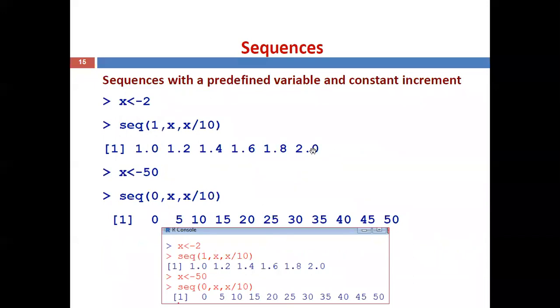Then another example, sequences with a predefined variable and constant increment. So by taking a variable, you can assign a value to the variable. Then in the sequence function, you can call that value instead of taking the direct value. Then increment by a constant. See the example.